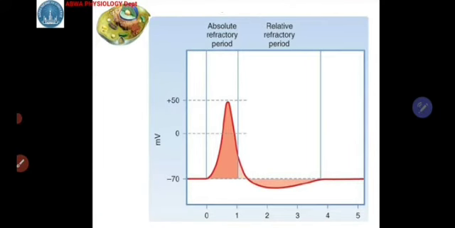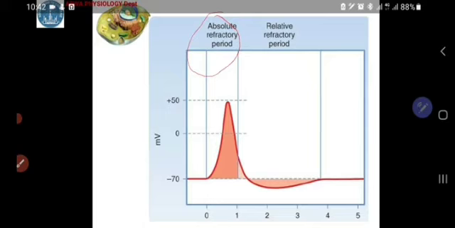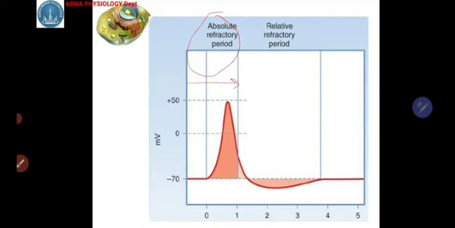Yes, this is very good. This is the time from here to here. The second action potential cannot be generated, and this is the time where, if a stronger stimulus is applied, an action potential can be generated. Why the stronger stimulus?